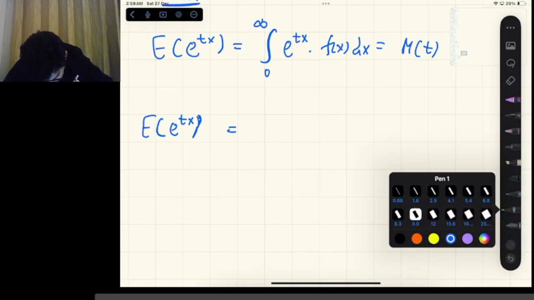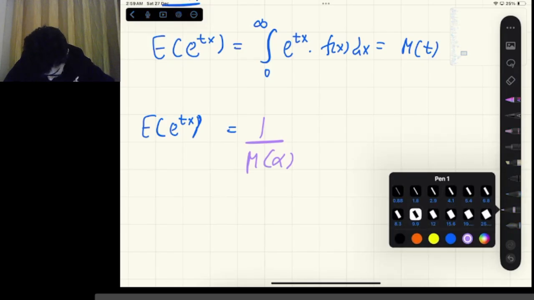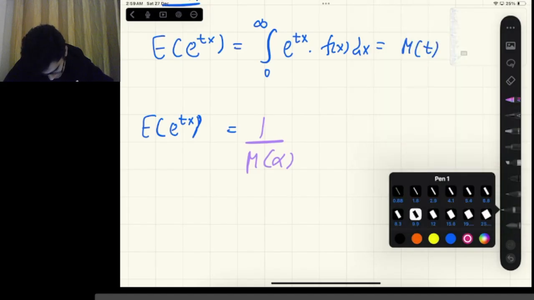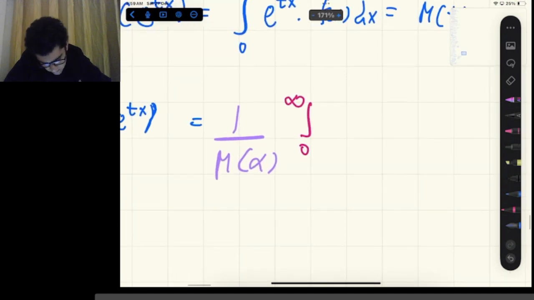Now I'll change the color of the ink. Don't worry, I'll be sharing this PDF with you, so you'll be able to understand what I'm doing.